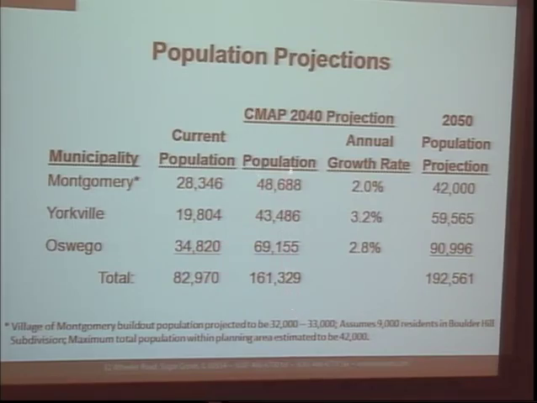The CMAP 2040 projections are listed here, which would have put you at 161 if we use their projections as they applied these annual growth rates. When that population number was shown to village staff, they said, I wonder if we could actually fit that large of a population within the remaining portions of our planning area.